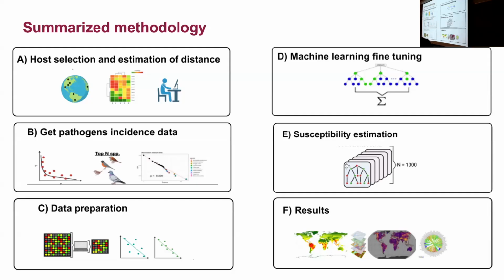Then we analyze the results and see geographical patterns, and also put the susceptibility on the phylogenetic tree as a trait to see what happens there.